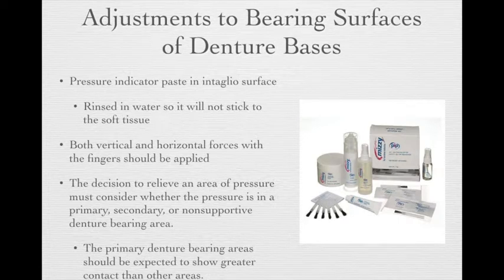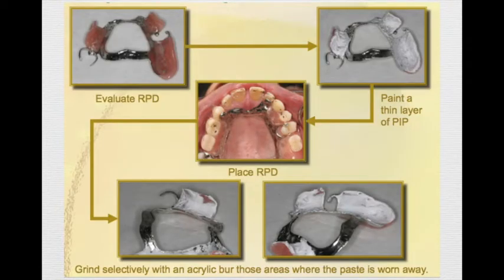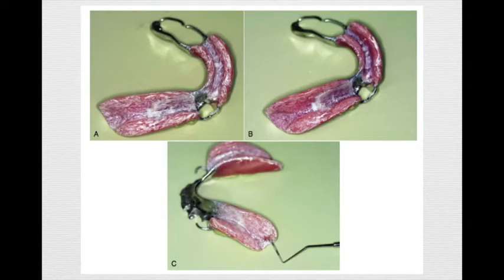Remember, those primary denture bearing areas follow the same principle as you've been told in complete dentures. So you can see the sequence is to evaluate the RPD, paint a thin layer of PIP, place the RPD, and then slightly grind the acrylic resin. The reason I put these pictures in this slide is I would like you to see in picture A what we call a thin layer of PIP.